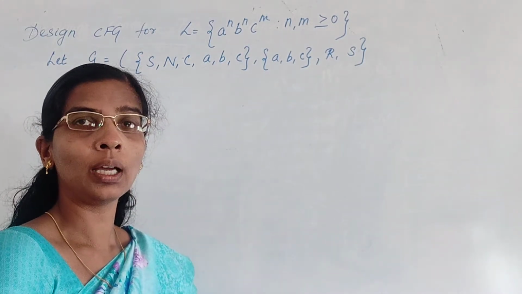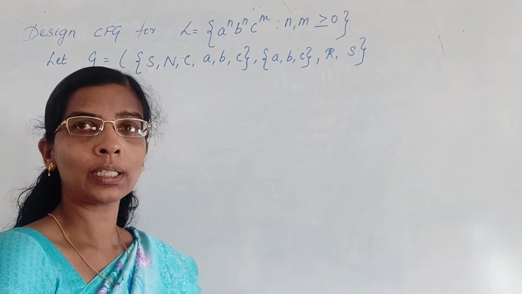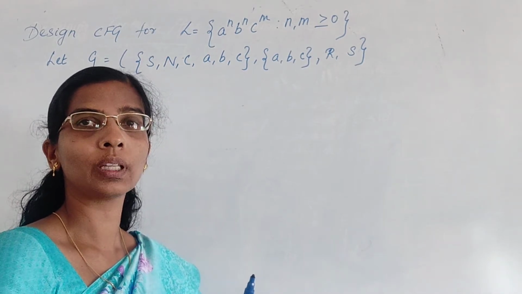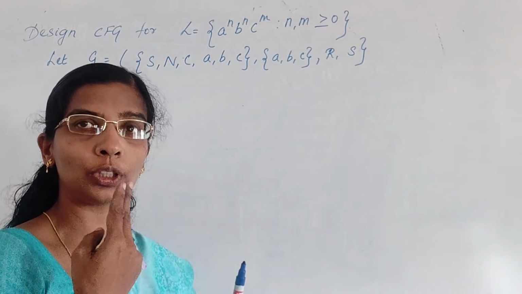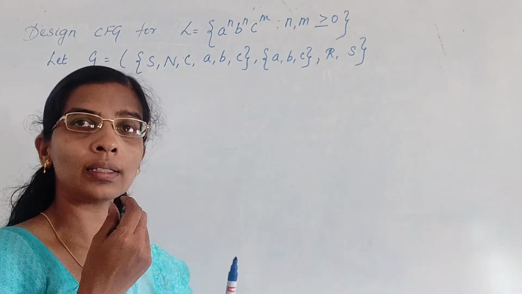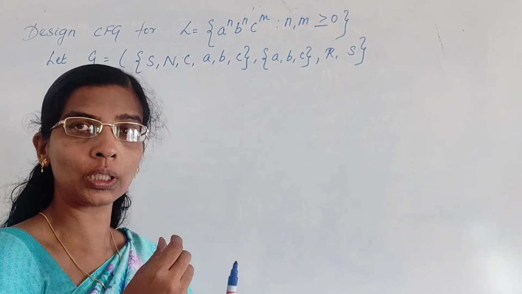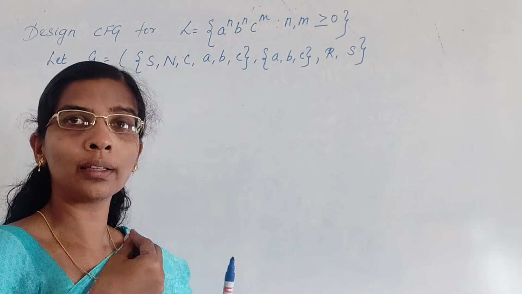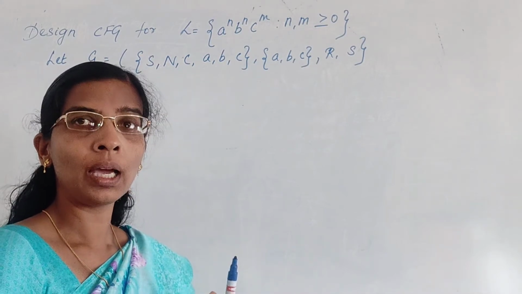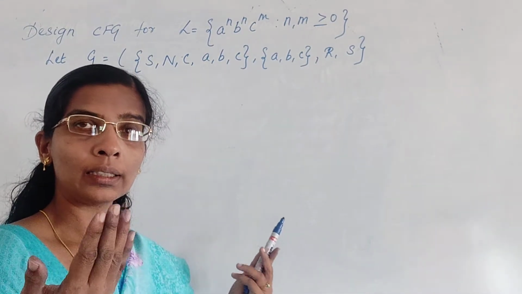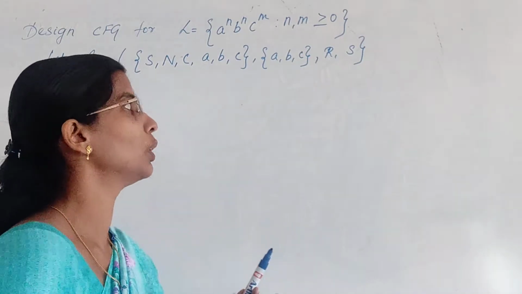As I told, if your language has the property that the strings can be generated with two regions and there is some relationship between the two regions, something like length of both the regions is same, how can I generate? I can generate the string from outside to inside.